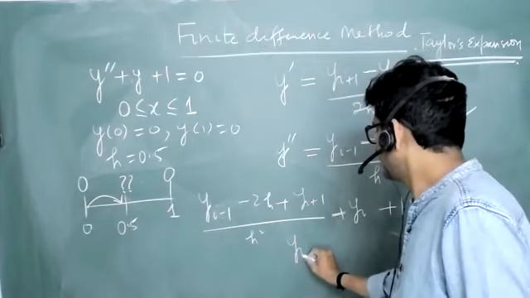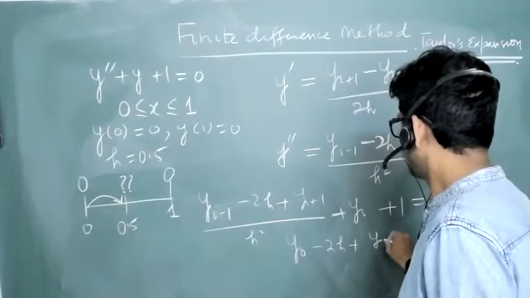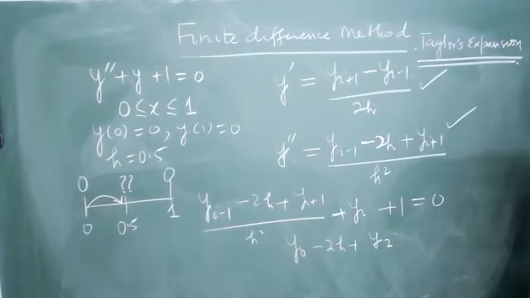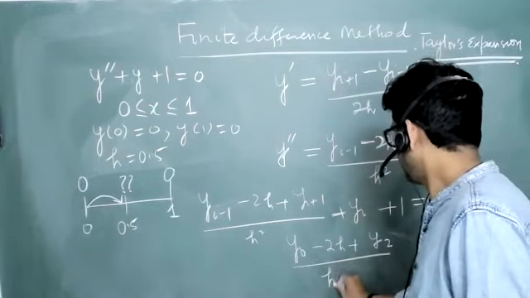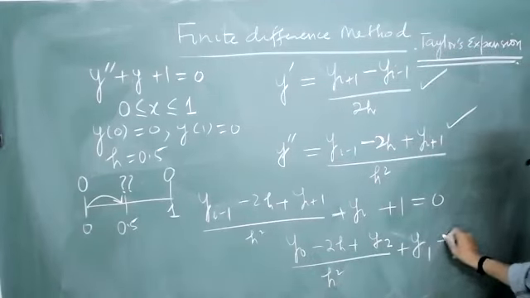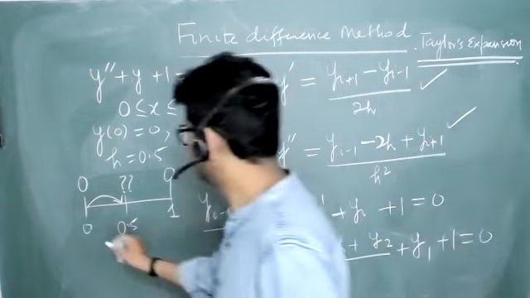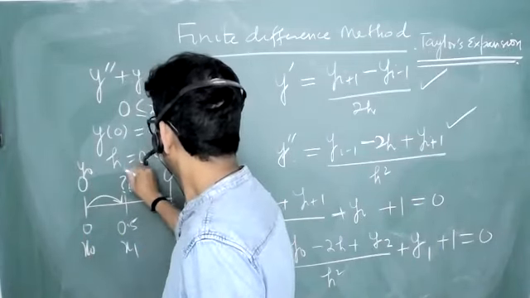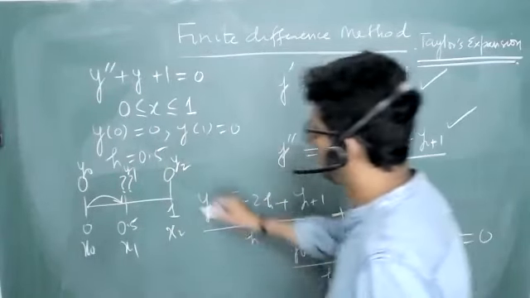It will become y0 minus 2h plus y2, y_i for i equal to 1, upon h square plus y1 plus 1 is equal to 0. So this is x0, this is y0, this is x1, this is y1, this is x2, this is y2. So this value is to be calculated.